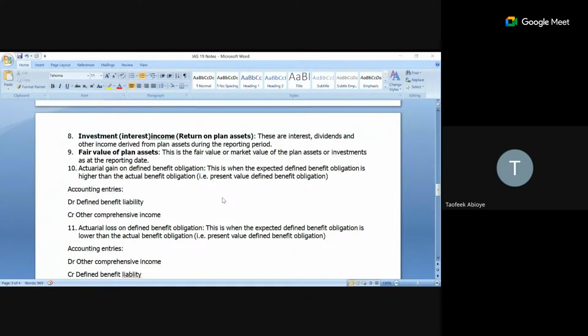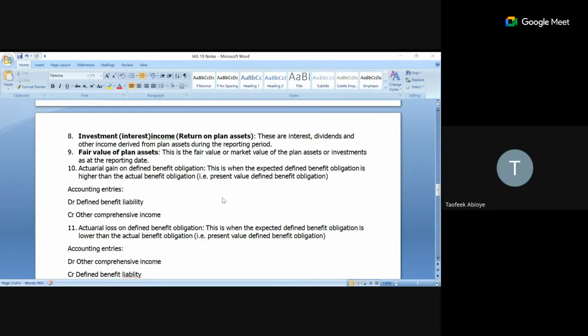So where do we know that we have a gain, or where do we know that we have a loss? It is very simple. This is how it works. It is a gain when our defined benefit obligation is 100 million, for example.